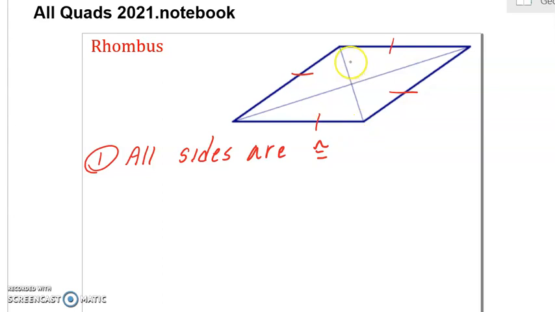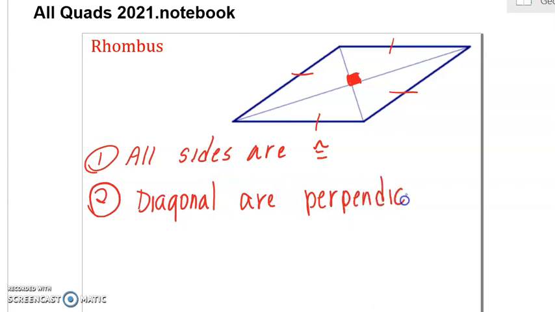What is new to a rhombus is that these diagonals are perpendicular, which becomes important because now I have 90 degrees in here, which sets us up for 4 right triangles. So what's unique is that diagonals are perpendicular.